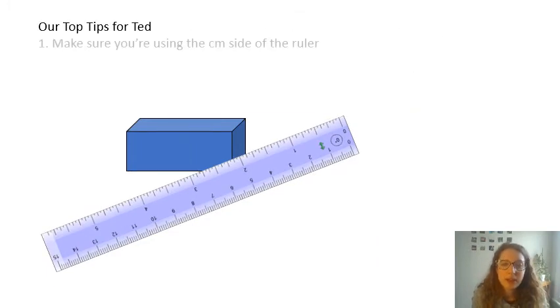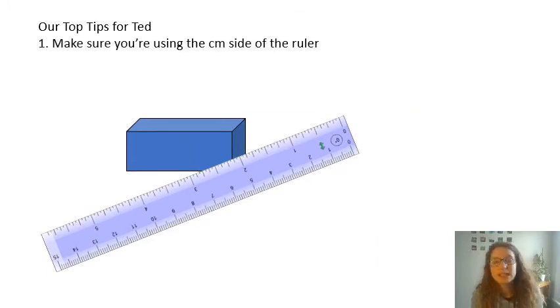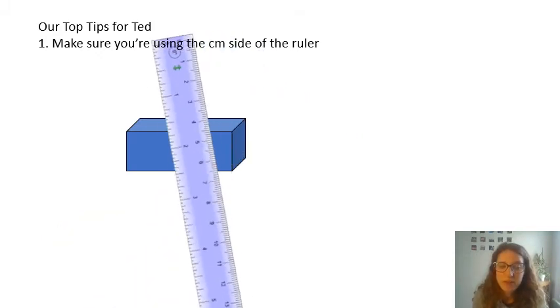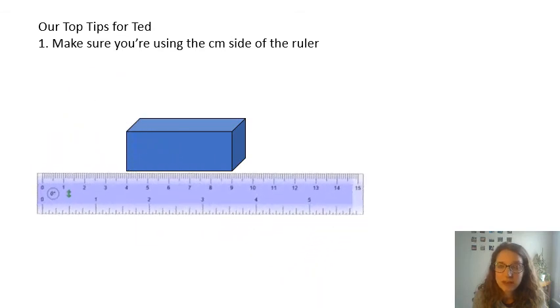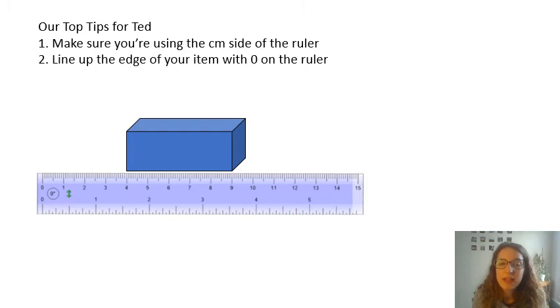Make sure you're using the centimetre side of the ruler. Mine has millimetres on one side and centimetres on the other. Ted's one has inches on one side and centimetres on the other. So to start with, he needs to turn his round to the right side. Next he needs to line up the edge of the item with the 0 on the ruler.